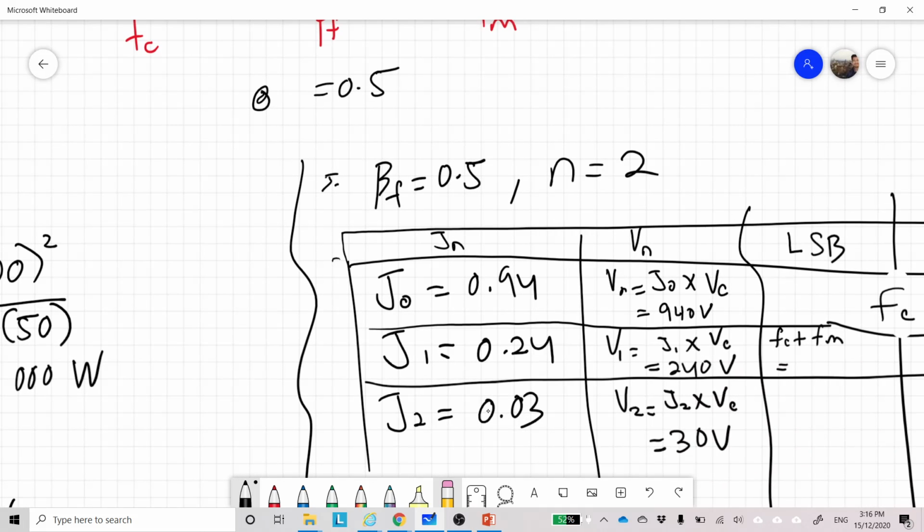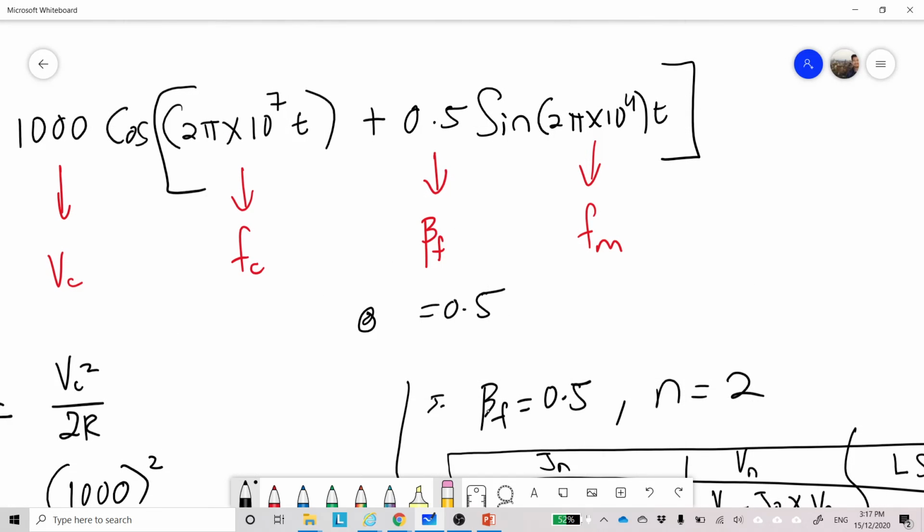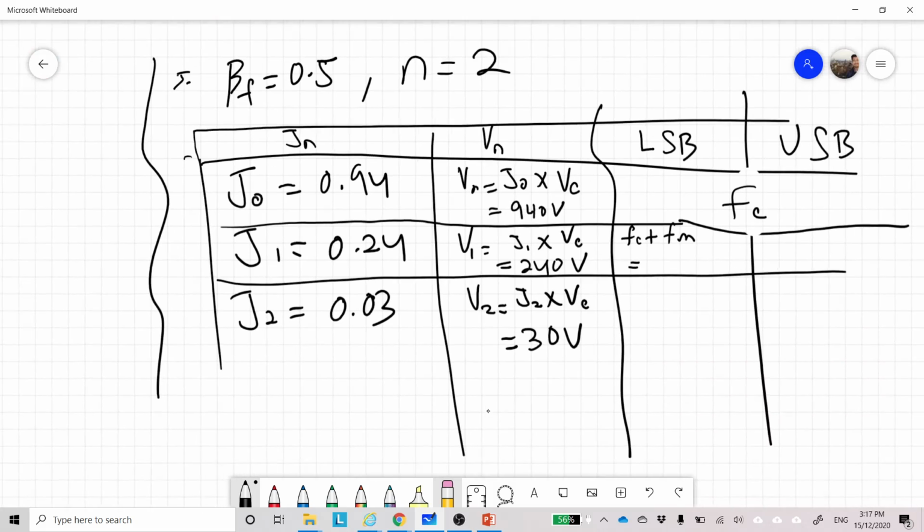So you see that here FC nilai frequency carrier adalah 10 MHz. Bagikan dengan 2 pi you akan dapat 10 MHz. Yang ini bagikan dengan 2 pi you akan dapat 10 kHz.